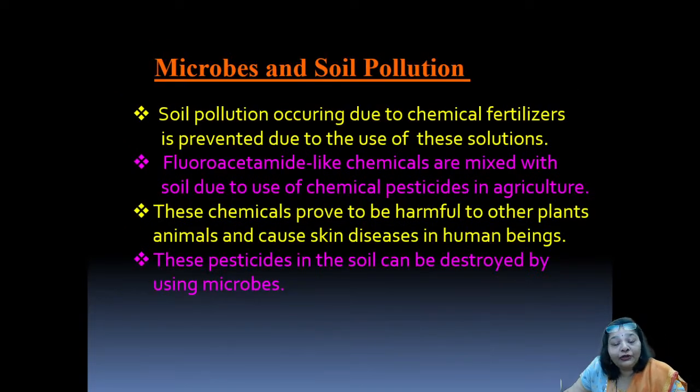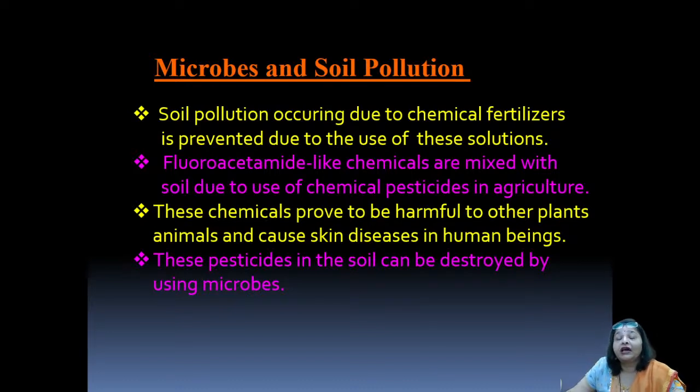Next, let us see how microbes play an important role in controlling soil pollution. So, under microbes and soil pollution: soil pollution occurring due to chemical fertilizers is prevented due to the use of these solutions. Fluoroacetamide-like chemicals are mixed with the soil due to the use of chemical pesticides in agriculture. You all know that in agricultural fields, pesticides are being used. Along with the pesticides, fluoroacetamide-like chemicals are also being mixed with the soil.